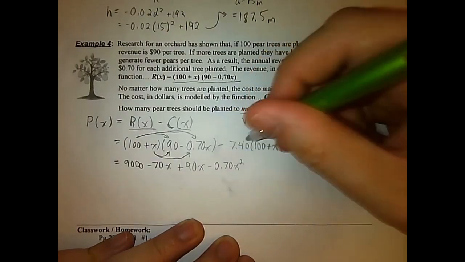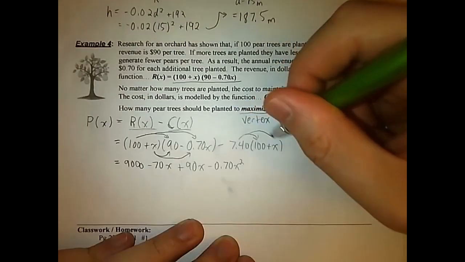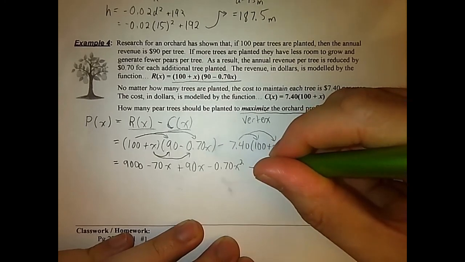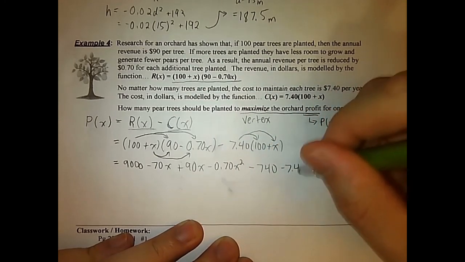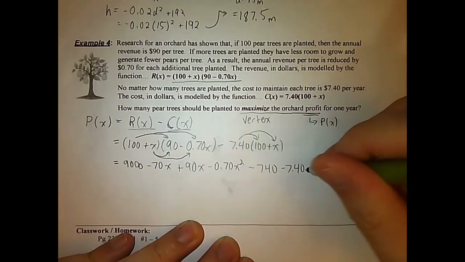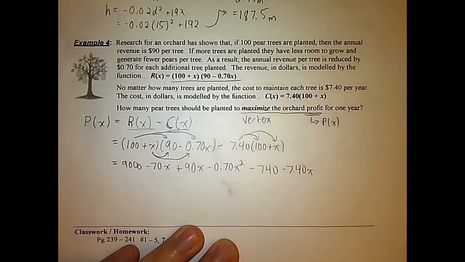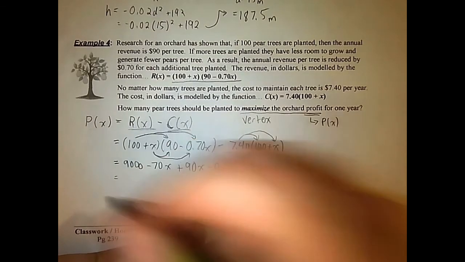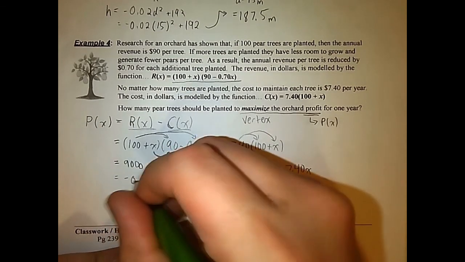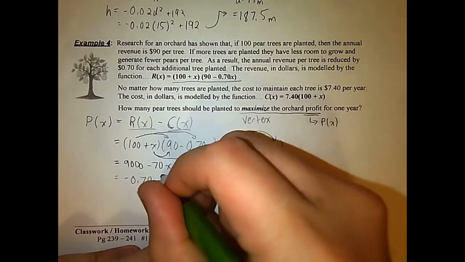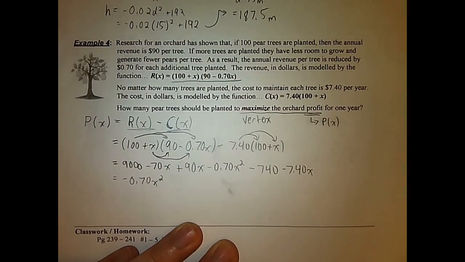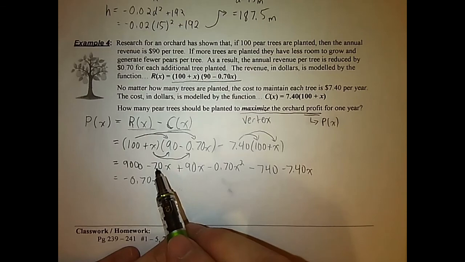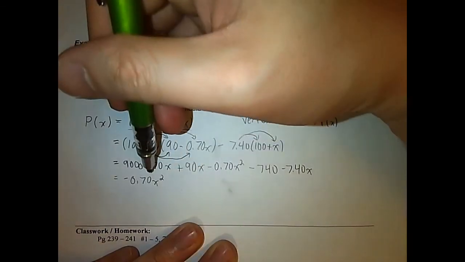And then I'm going to use the distributive property on this. I get negative 740 minus 7.40x. Oops, forgot the x there. Then I'm going to just collect my like terms. You should put the highest exponent variable first, so the negative 0.70x squared. These two are like terms.